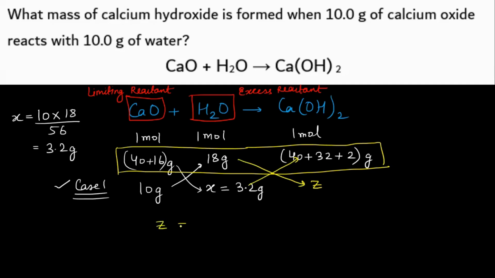Z is equal to 3.2 multiplied by 74 divided by 18, which gives you 13.15 grams. So the amount of calcium hydroxide produced is 13.15 grams.